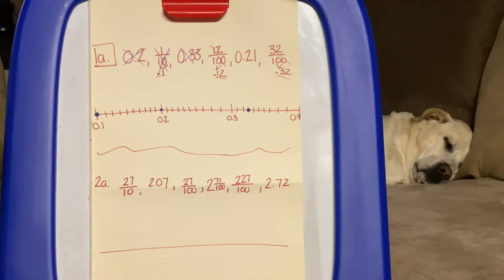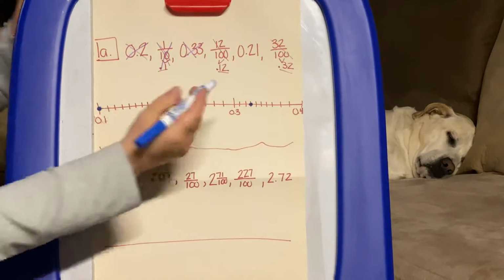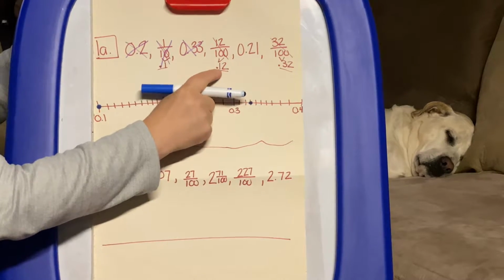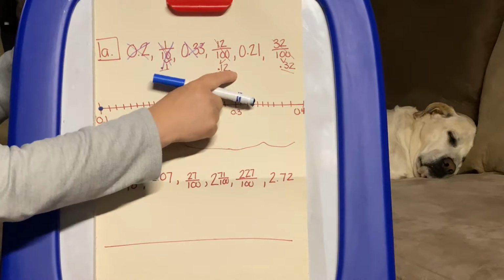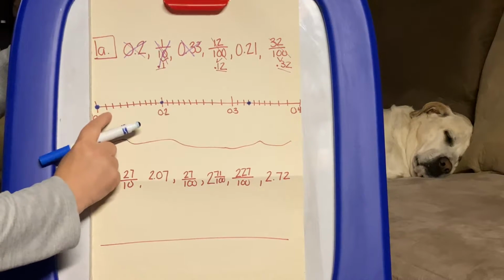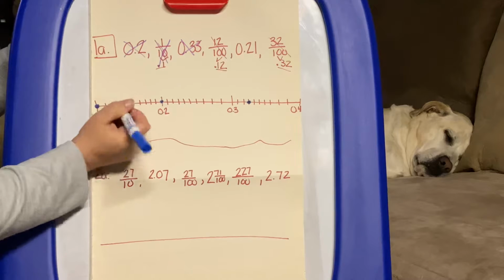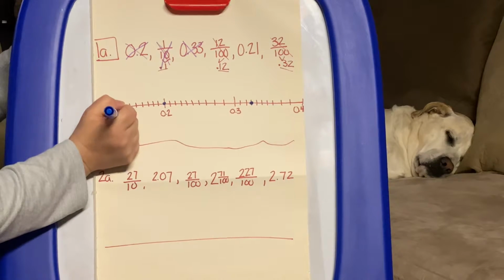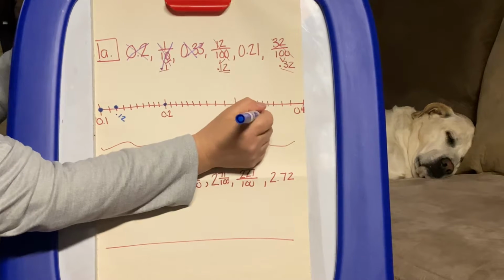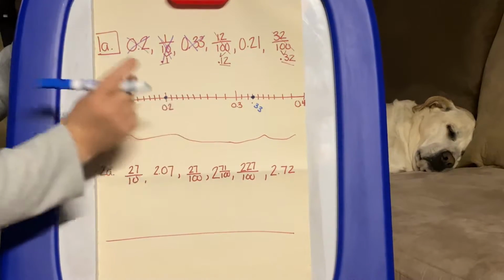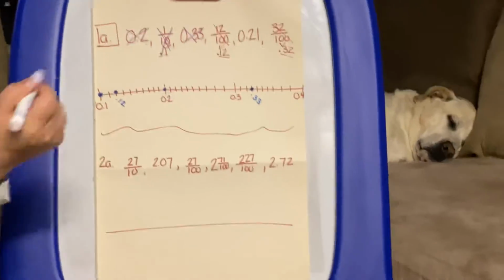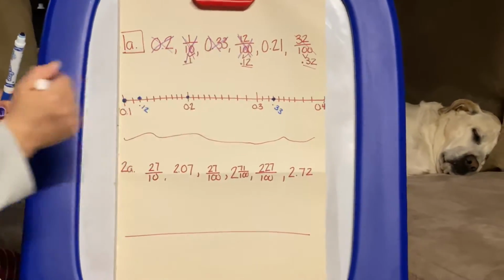So then I'm going to move on to my next one. We've already converted that fraction into a decimal as 0.12. I know I'm starting over here at 0.1, 0.11, 0.12. And guys, if you want to write these on the line of what you did, that's pretty good too. You don't really have to for the ones that are directly on the data point because it's already marked for you.